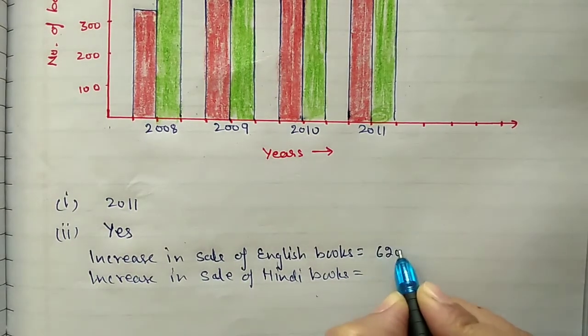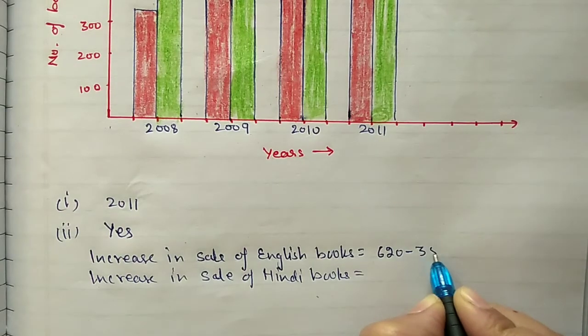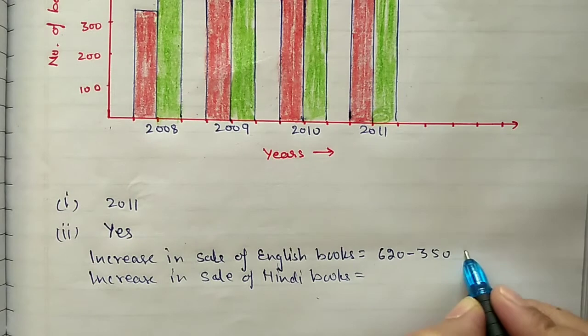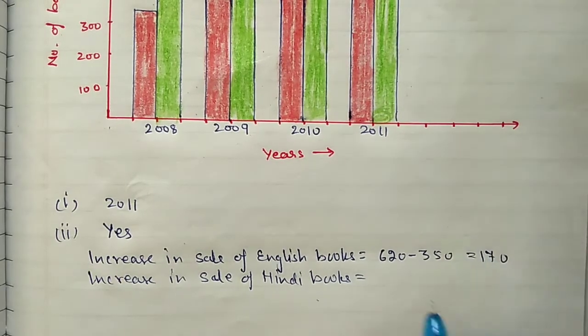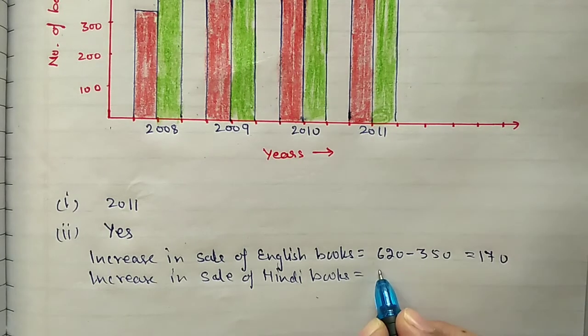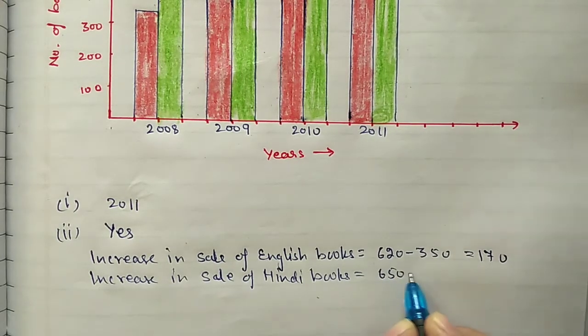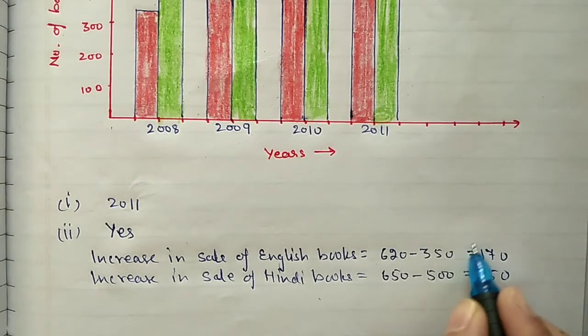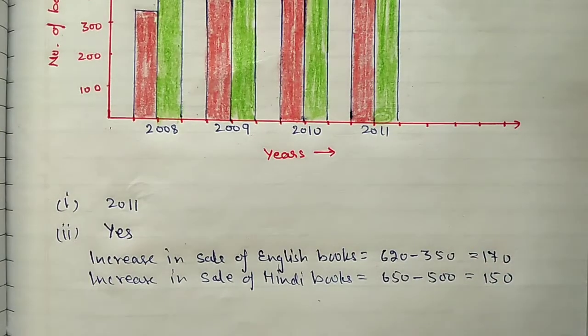So 620 minus 350, it is nearly 170 books. And for Hindi, starting it was 500 and last year it was 650. So 650 minus 500, it is 150. So demand of English book is increasing more.